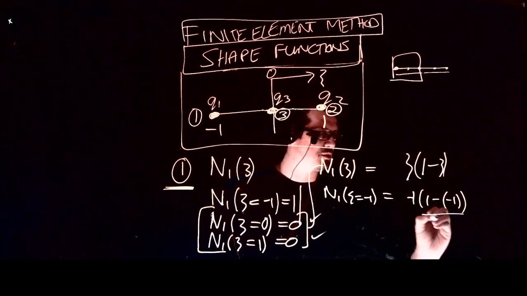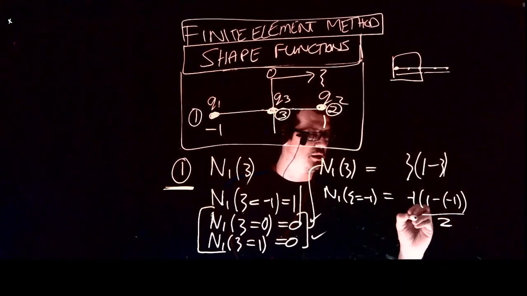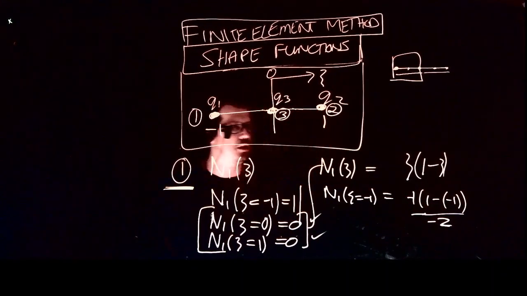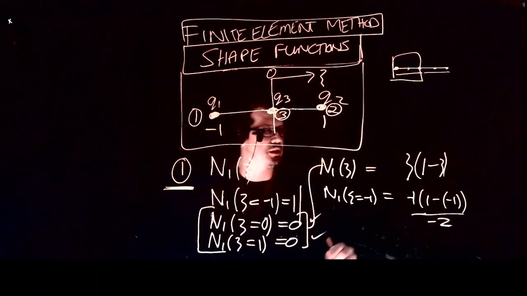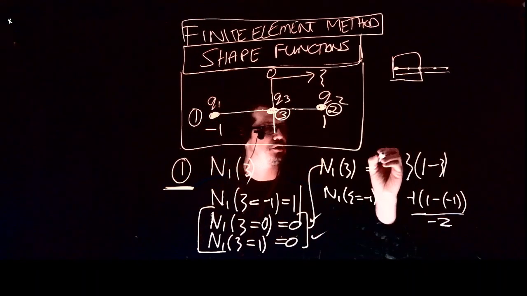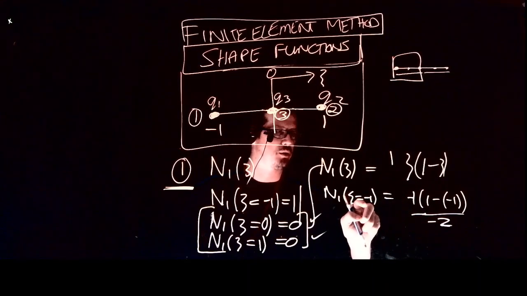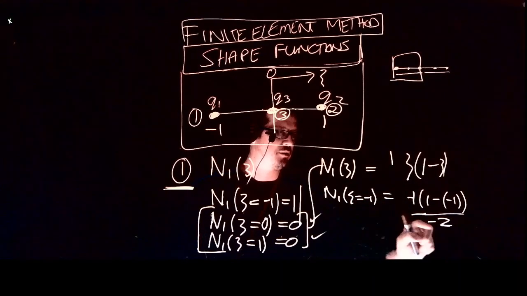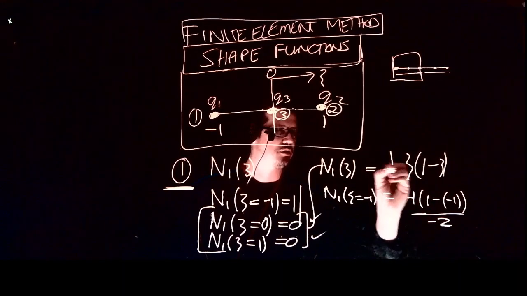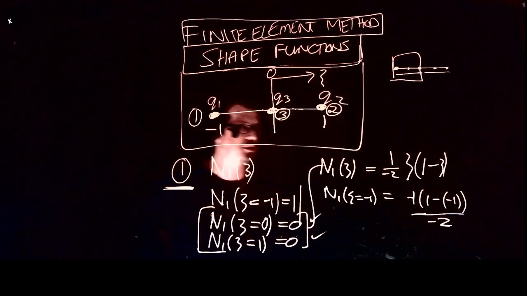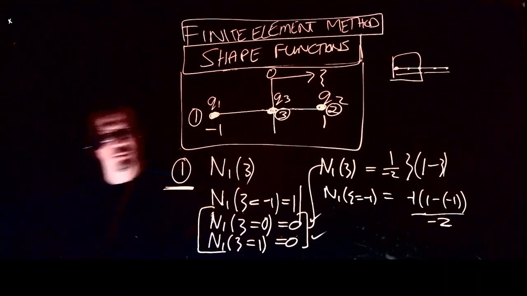So this is then 2, and this is minus, so this evaluates to a minus 2 at this stage. So if I want to make sure that this N1 has the property that it evaluates to 1, I need to just divide by whatever this was when I evaluated it at psi minus 1. And it evaluated to minus 2, so I just divide by what I have there, minus half. Now I know N1 has got the properties that I want.